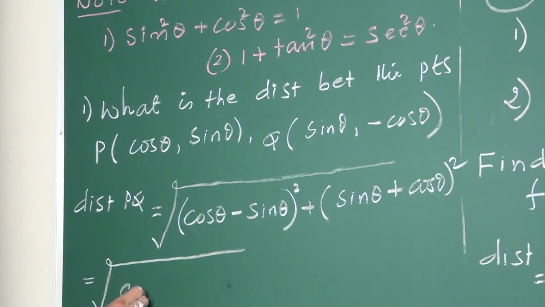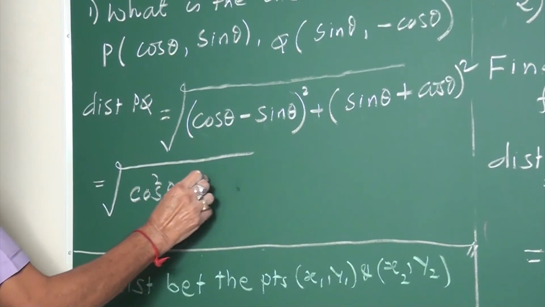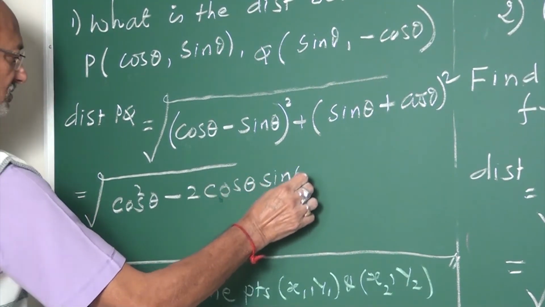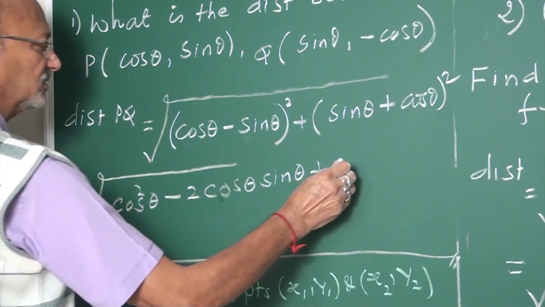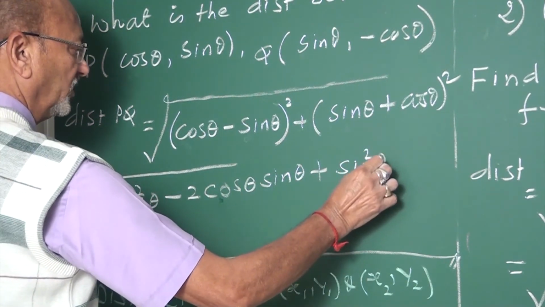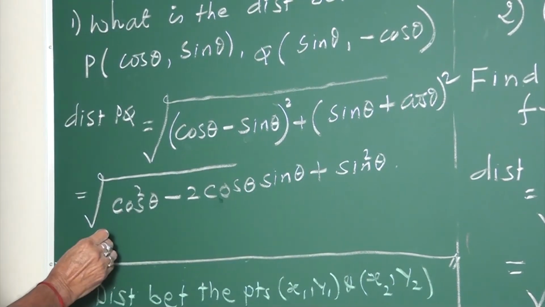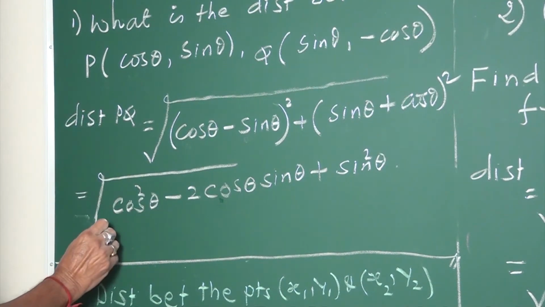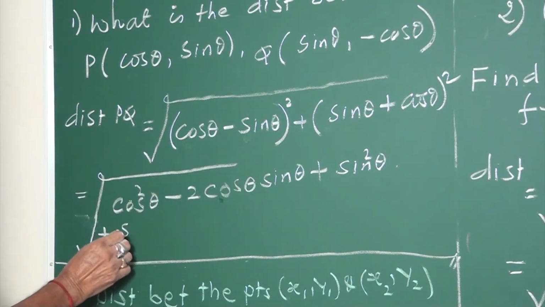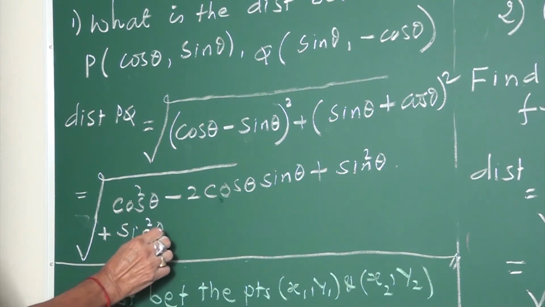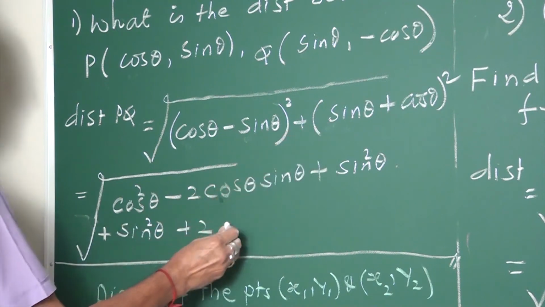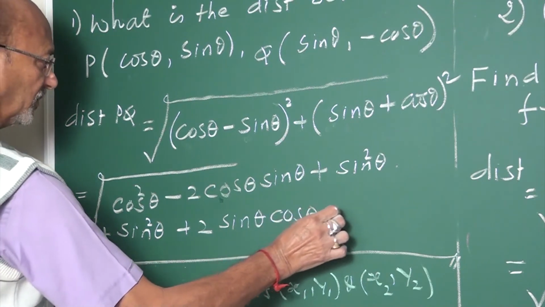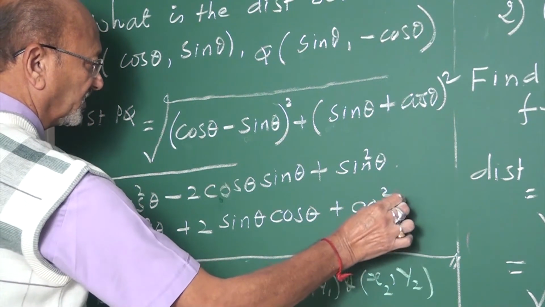This is cos square theta minus 2ab cos theta sin theta plus b square sin square theta. I write this just below this, under a bigger square root like this: plus a square sin square theta plus 2ab sin theta into cos theta plus b square cos square theta.